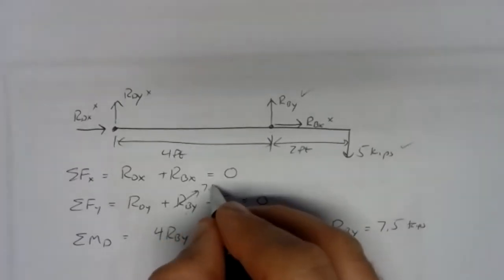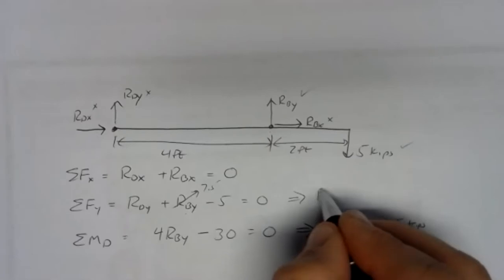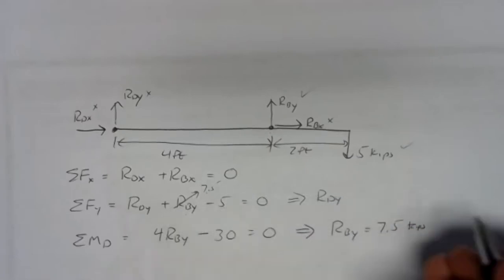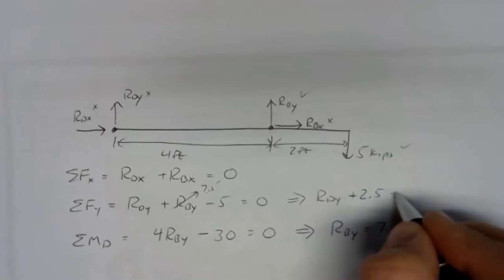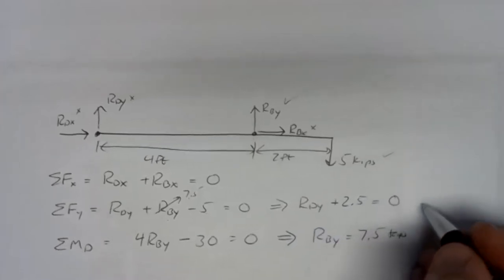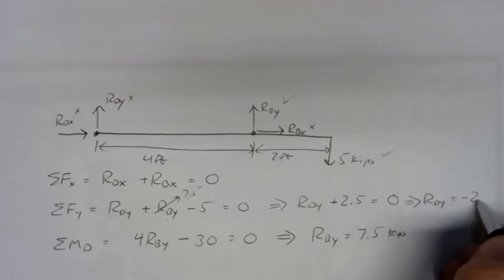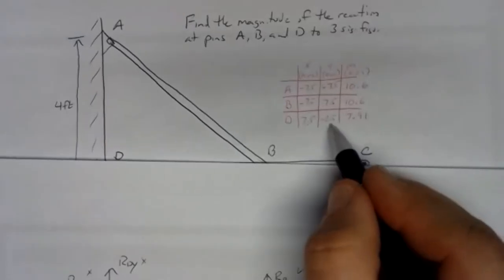If that's 7.5, then we have RDY, 7.5 minus 5 is a positive 2.5, and that equals 0. So RDY is a negative 2.5 kips. And we can fill that in. RDY is negative 2.5.